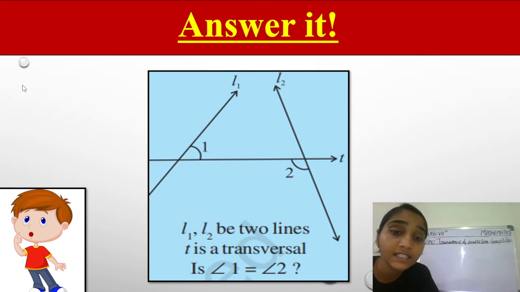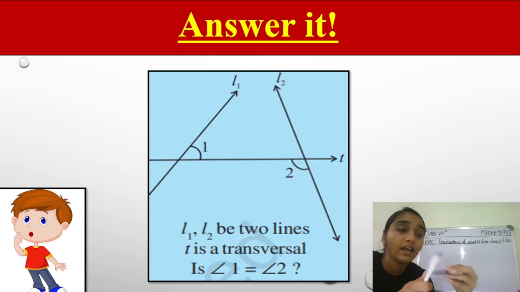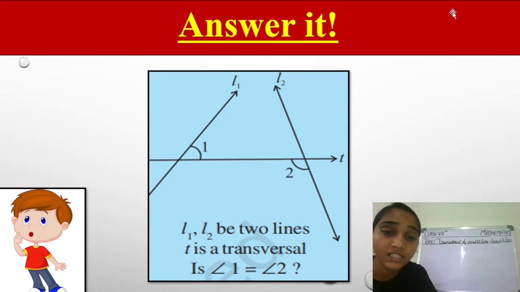Because L1 and L2 are not parallel lines. They do not have the same distance between them. If we extend these lines, at one point they will meet each other. So in this case, we cannot say that the alternate interior angles 1 and 2 will be equal. Very good.